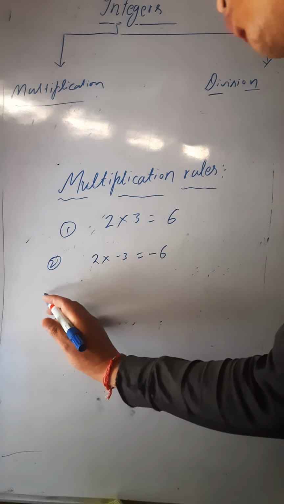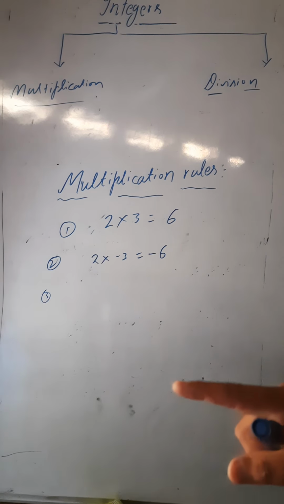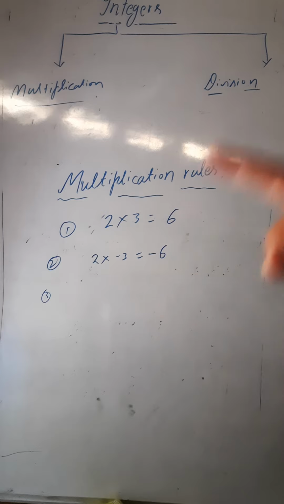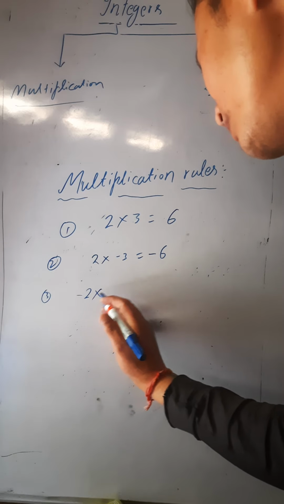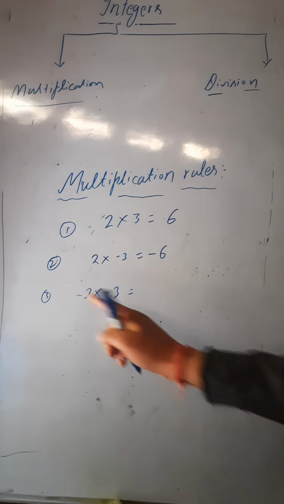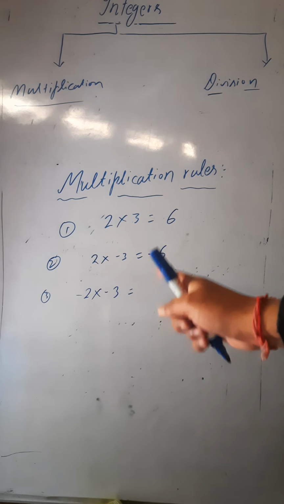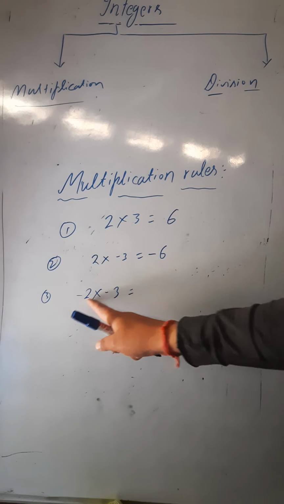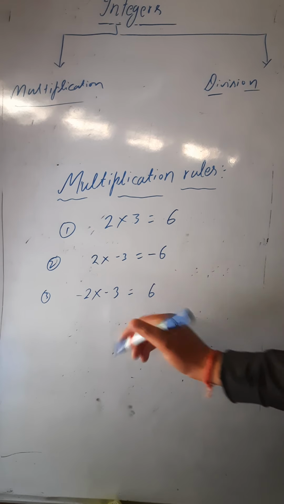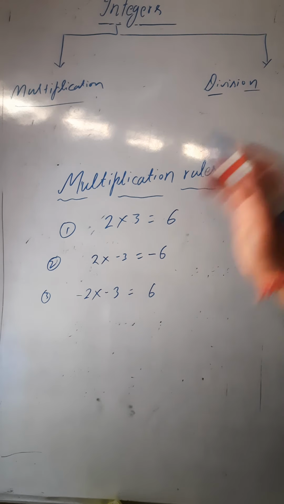Very good. Now rule number 3 says that if both the integers are negative, let me write it: -2 multiply -3. If both the integers are negative, the sign will become positive. So 2 times 3 is 6, and the sign will be plus now, because two negatives are coming here.